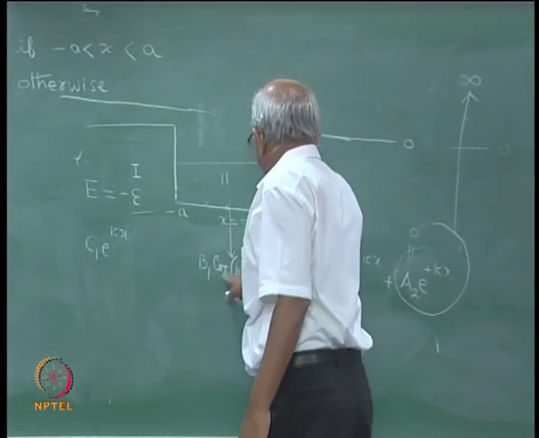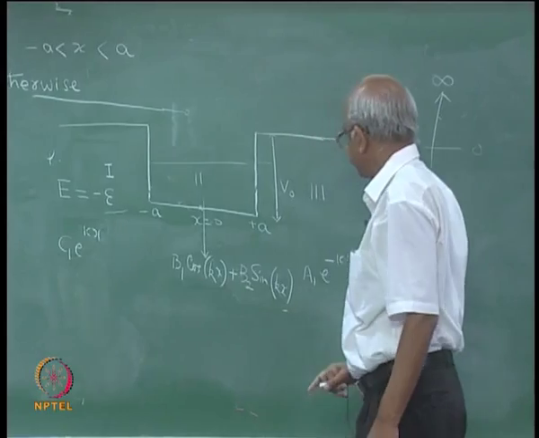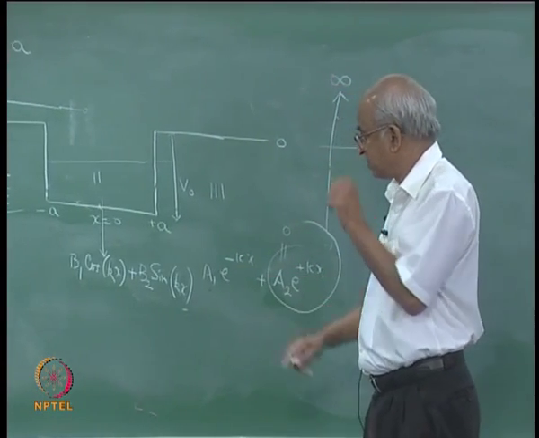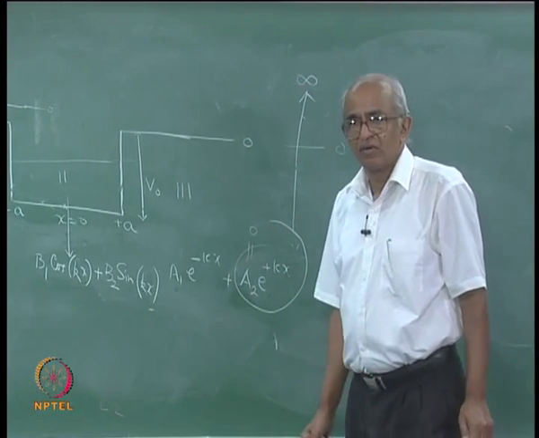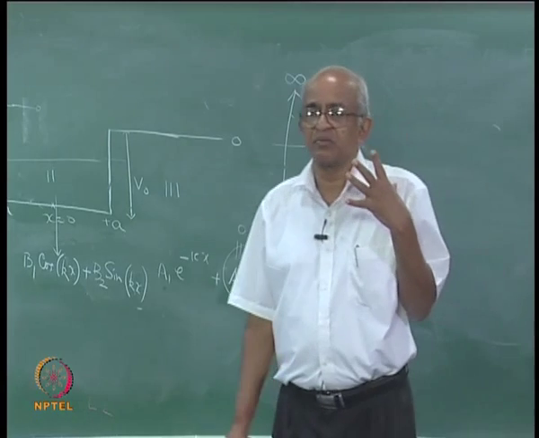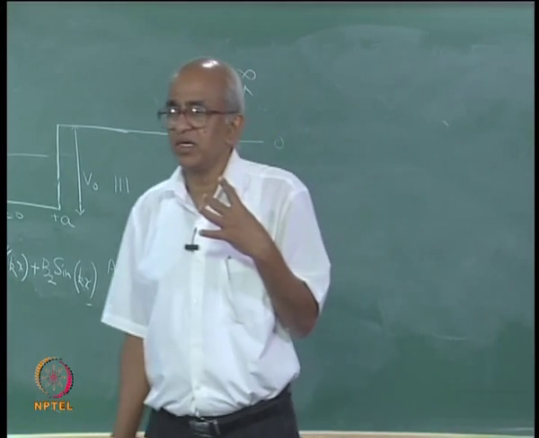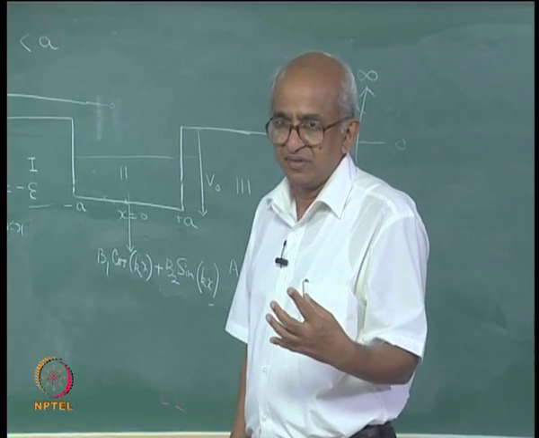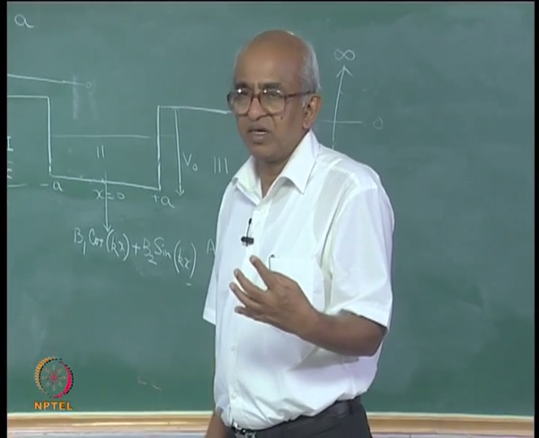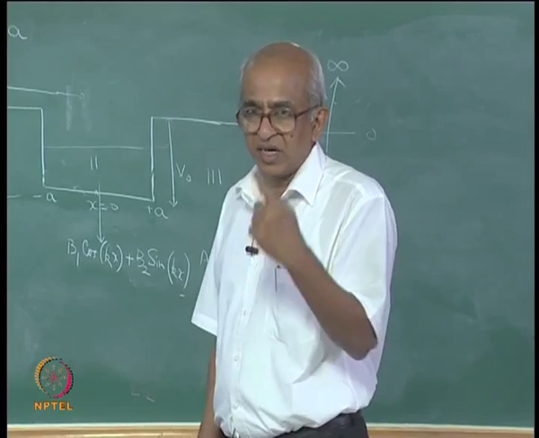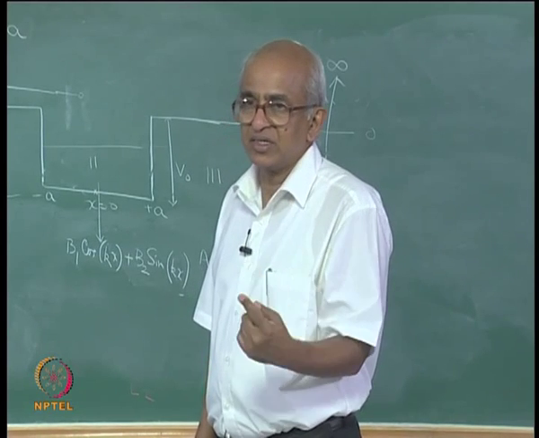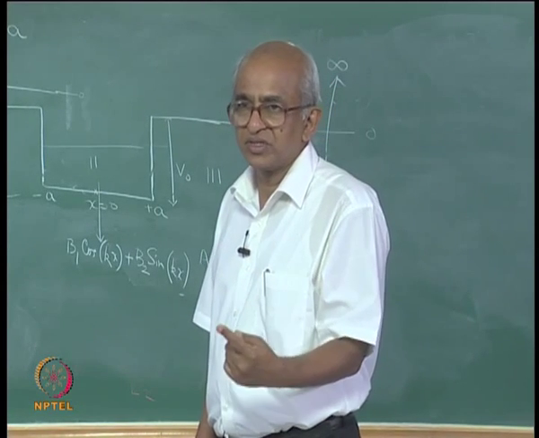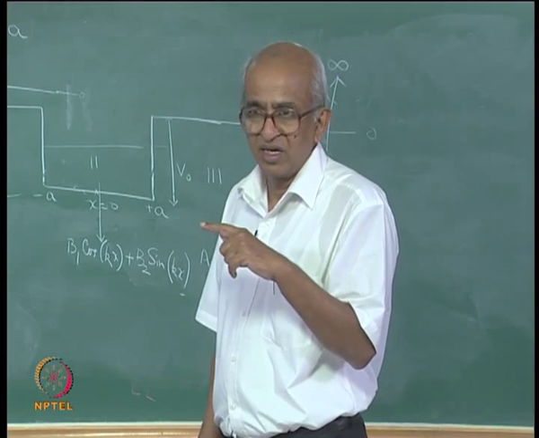Now, as far as this part is concerned, what do we do with this part? Well, I have this very interesting possibility. See, I know that my solution to the Schrodinger equation for this problem has to be either symmetric, an even solution, or an odd solution.